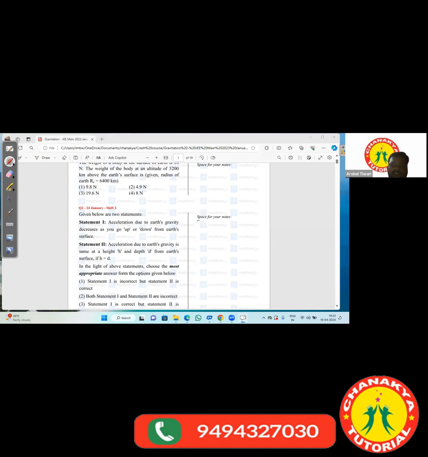Using the binomial concept, we had g dash is equal to g times of 1 minus 2h by r. And for variation with depth, we had g dash equal to g times of 1 minus d by R. So here something is subtracted from 1. So of course the new acceleration due to gravity will be less in both the cases. So what about statement 1? Will this be correct or not?